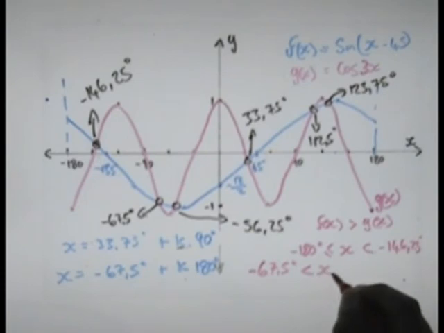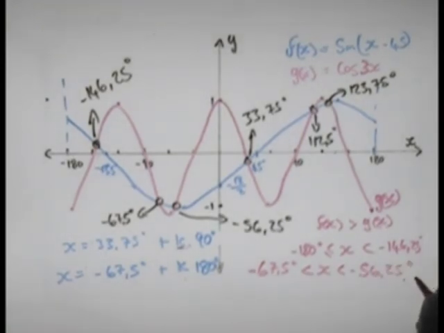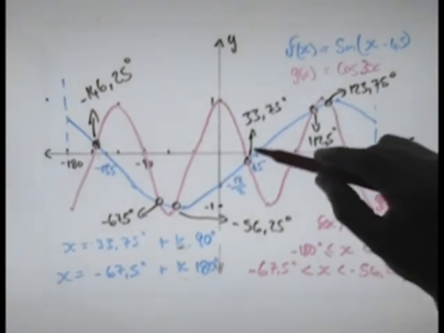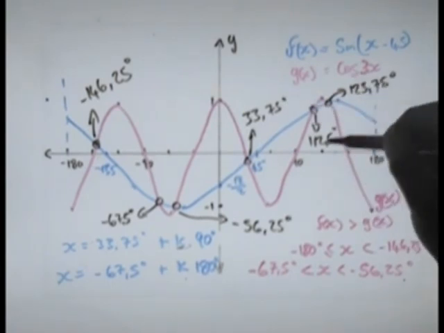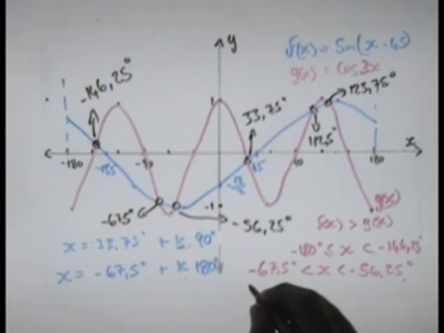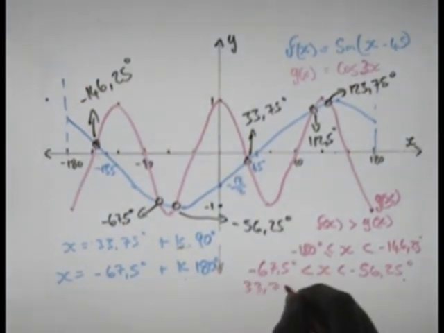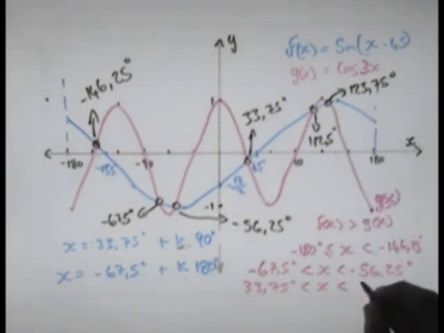X is greater than up until the point negative 56.25 degrees, or x is greater than 33.75 degrees but less than 112.5 degrees. So that's from 33.75 degrees, x is greater than that but less than 112.5 degrees.